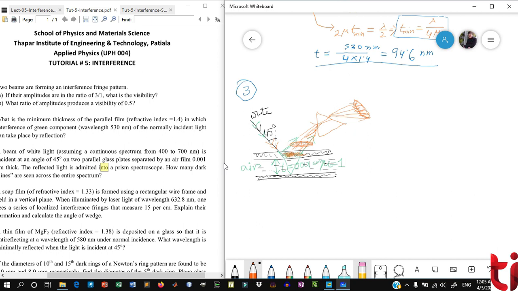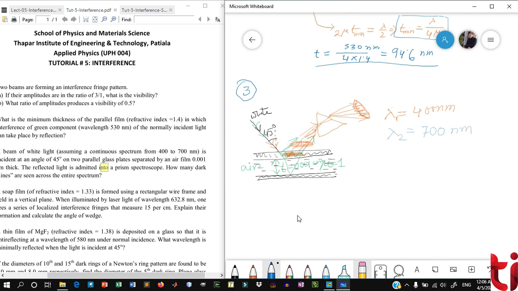So now to solve this problem, first the given wavelength range is from lambda 1 equal to 400 nanometer to lambda 2, which is 700 nanometer.